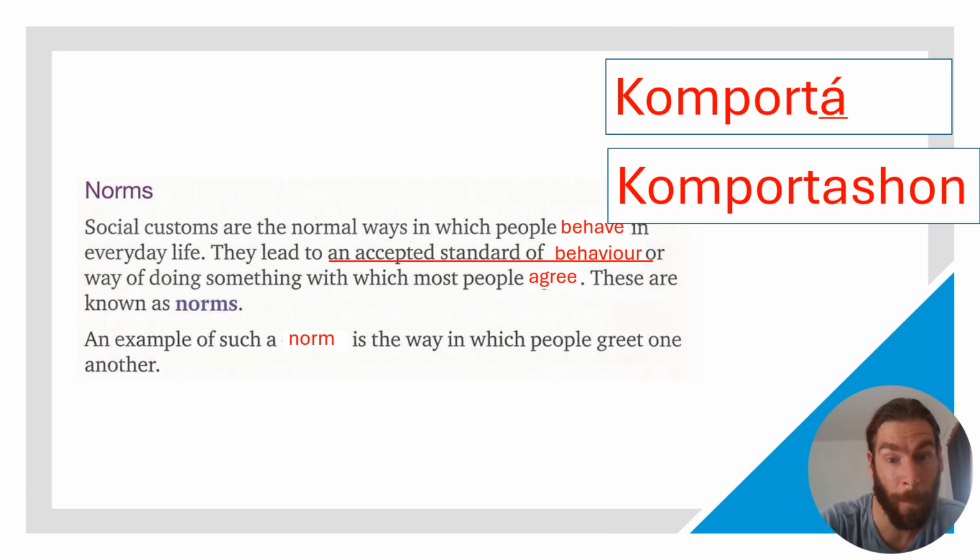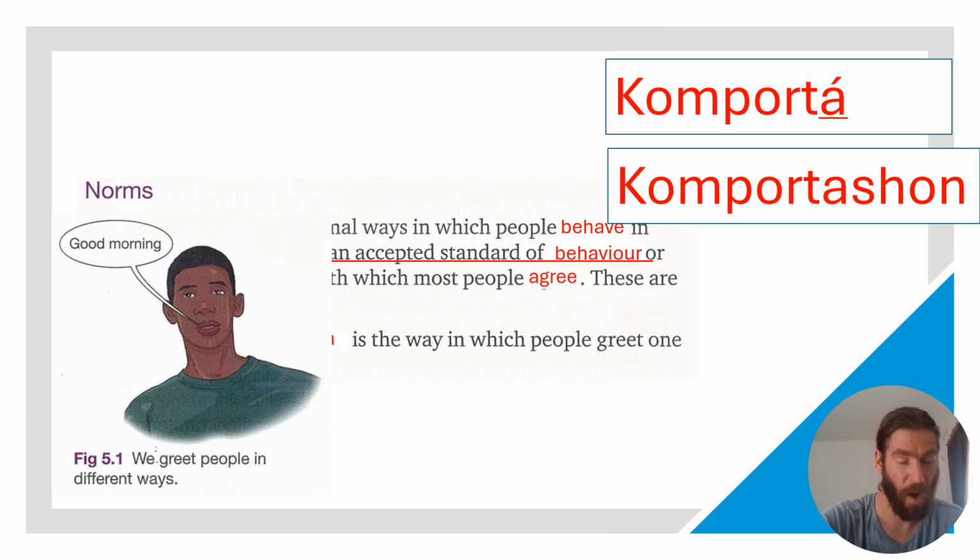And what is the norm? That can be very different in each country. What is the norm can differ between different countries. For instance, normally in an English-speaking country, we greet people by saying good morning, or good afternoon, or good evening.